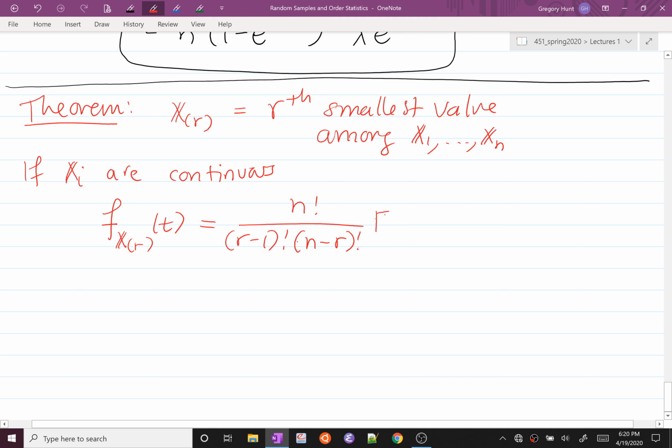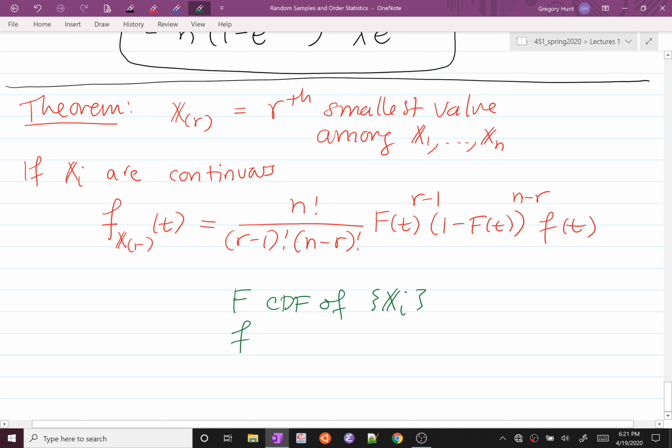And then we multiply by the CDF of the X's, F of t, to the power r minus 1, times 1 minus the CDF of the X's to the n minus r power. Then we multiply by the PDF. So again here, capital F is the CDF of the X sub i's. Little f is the PDF of the X sub i's.